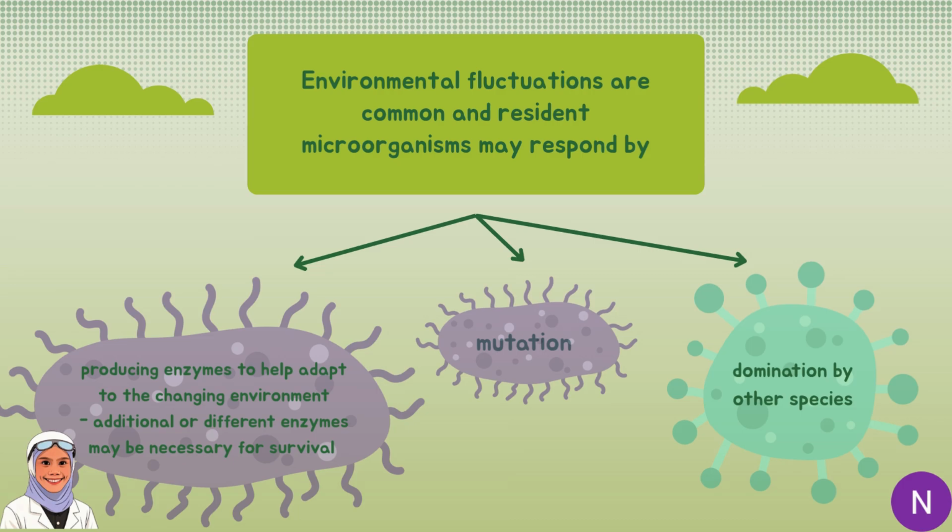Alright. So environmental fluctuations are common and resident microorganisms may respond by producing enzymes in order to adapt themselves to the environment changing from A to B to C. Some might be able to produce enzymes. Additional or different types of enzyme might be necessary for the survival of the particular bacteria.